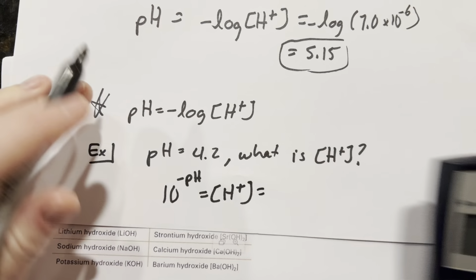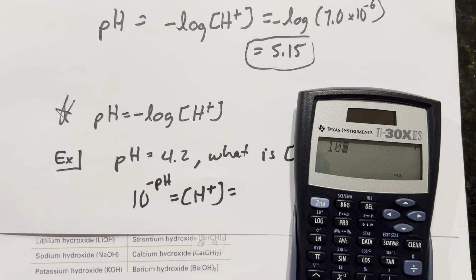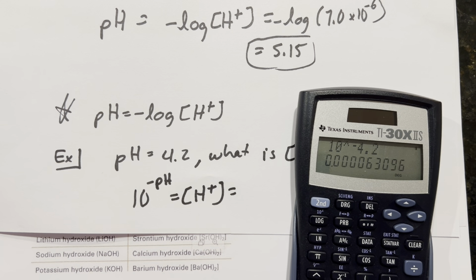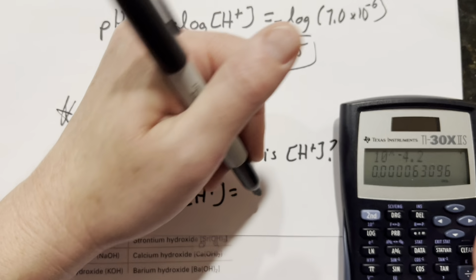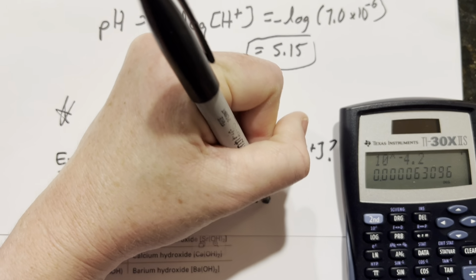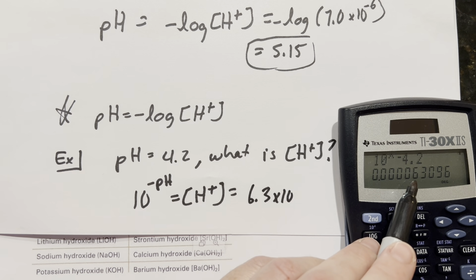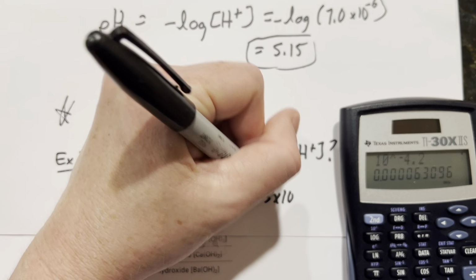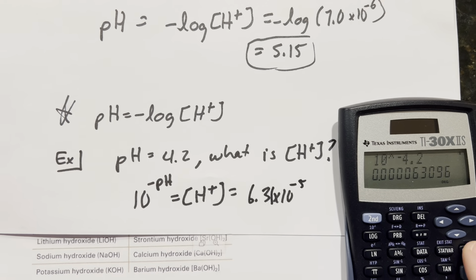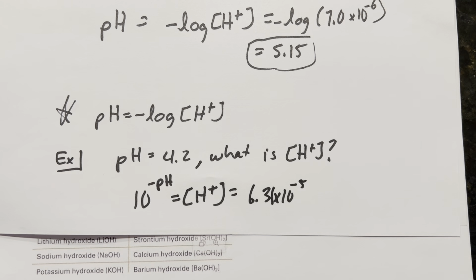In other words, 10 to the negative 4.2 would give us our H plus concentration. In this case, it would be 6.31 times 10 to the negative 5. Which is pretty cool, right?